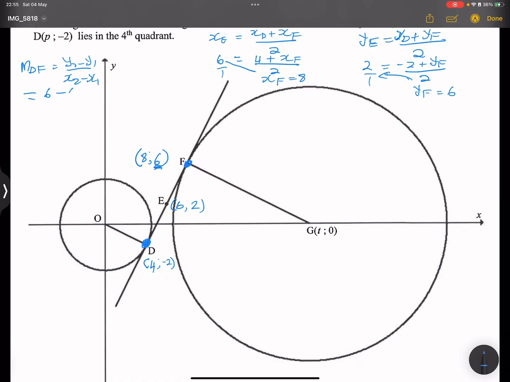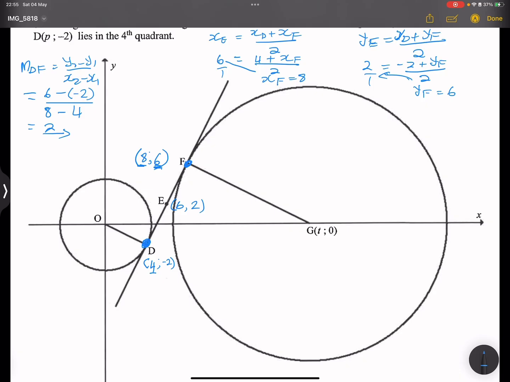So that's minus a -2, divided by x2, that's 8, minus 4. That's going to be 6 minus a -2, that's 8, divided by 8 minus 4, which is 4. So that's 8 divided by 4, so that gradient would be equal to 2.